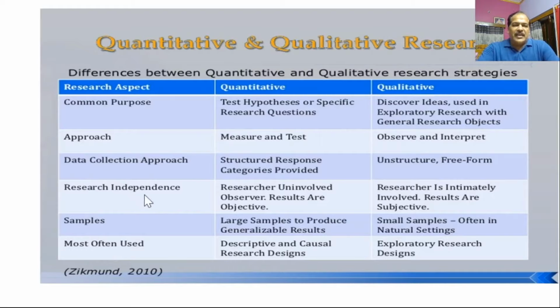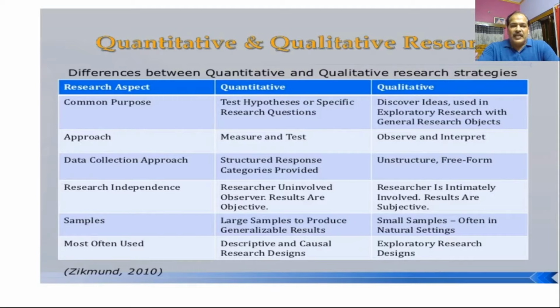Another very important point is researcher independence. As I have discussed earlier, in quantitative research, the researcher is not involved in the actual process of data collection or data administration. His involvement is, we can say, indifferent, and in this way the data we are collecting and the results we are getting are very much objective.